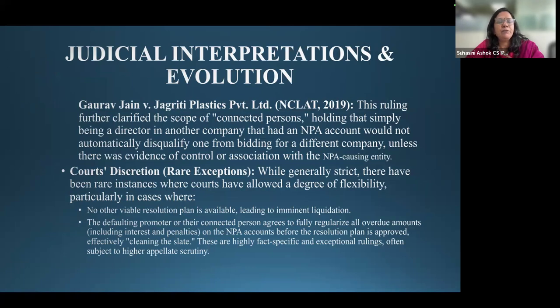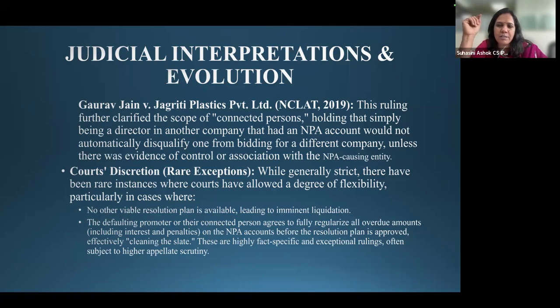In one of the cases, Gaurav Jain Jagriti Plastics, they clarified the connected persons, holding that simply being a director in another company that had an NPA would not automatically disqualify unless there was evidence of control or association with the NPA-causing entity. So here, one more important point they clarified is not only connected person, but this is again the fourth layer.